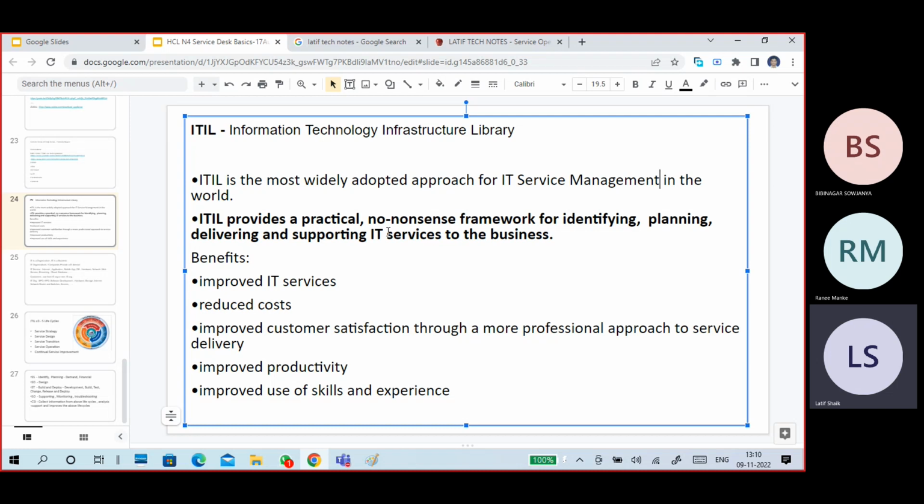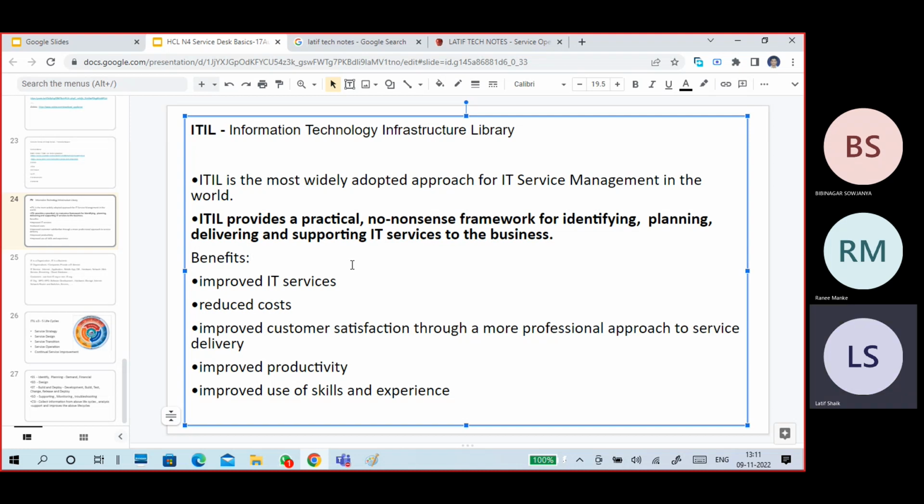Because every IT company provides IT services, managing the services means event management, incident management, problem management, SLA management.